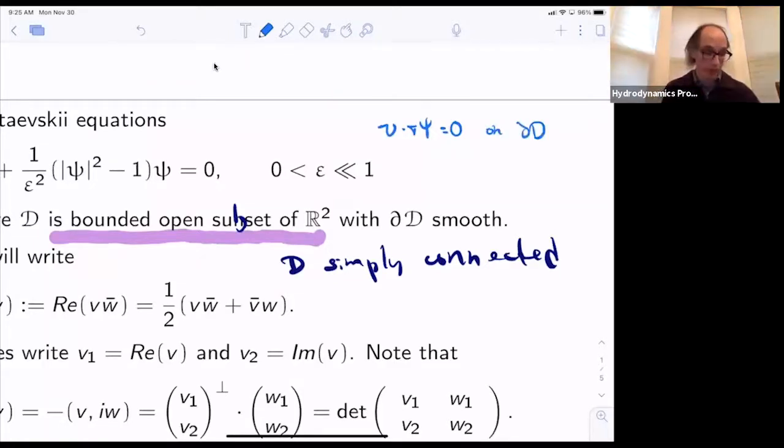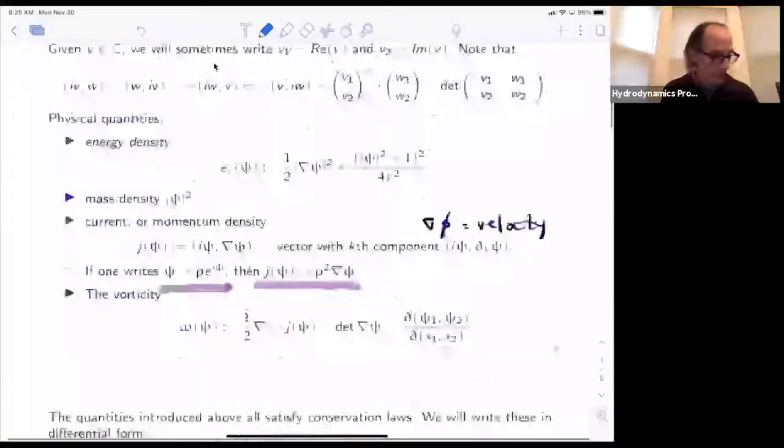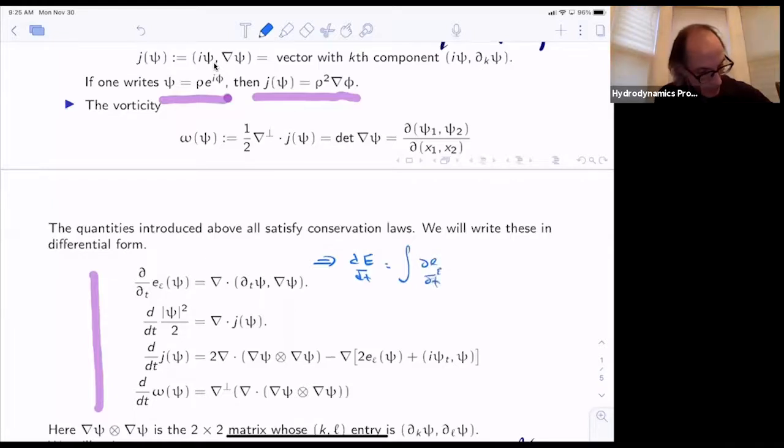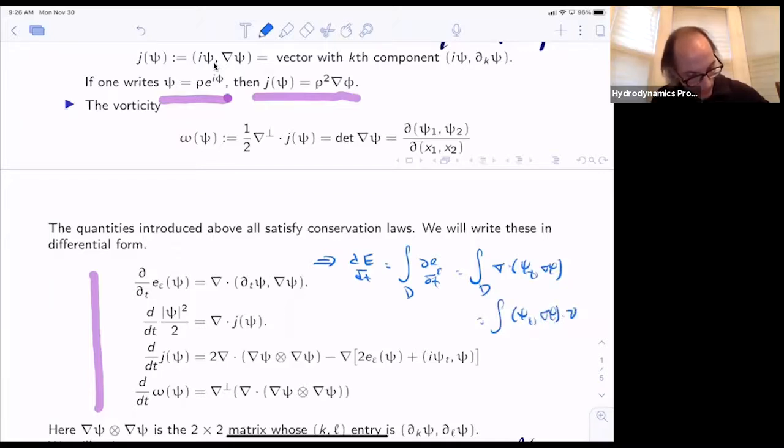If I have that, then I can integrate by parts, and I will have this. And so the energy will be conserved with Neumann boundary data.